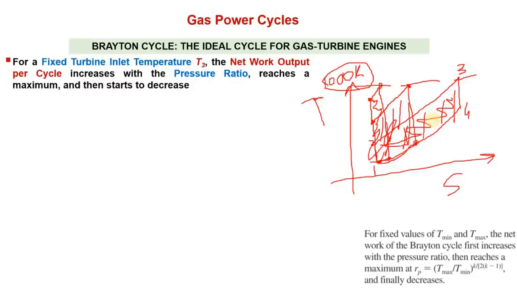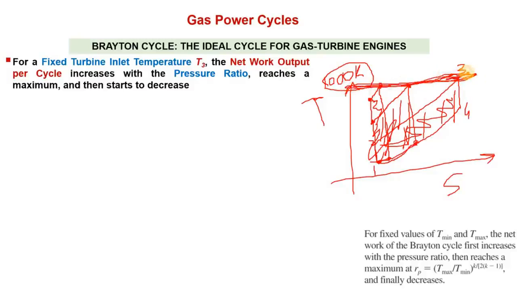So with the increase in pressure ratio, we shall see, if we draw it to scale, that this net work area increases, reaches a maximum value. For example, this is the maximum value. Then it starts to drop if you further increase the pressure ratio by keeping this maximum temperature the same, right? That is limited by the metallurgical requirements of the blades.